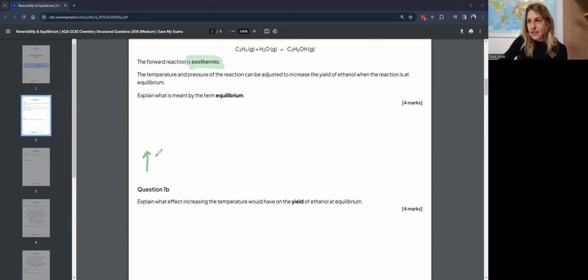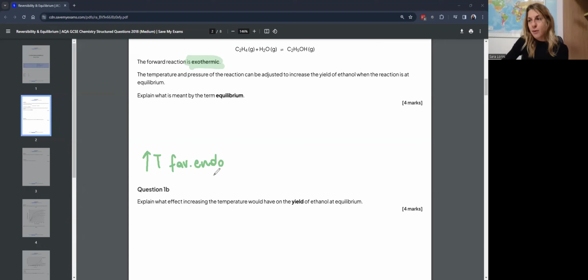So, an increase in temperature. We know that it favors the endothermic reaction because it wants to counteract the change. By analyzing the information given here, the forward reaction is exothermic, so the backward must be endothermic.